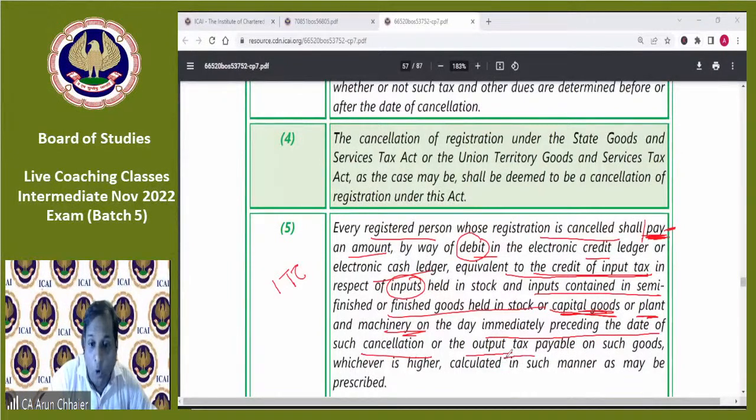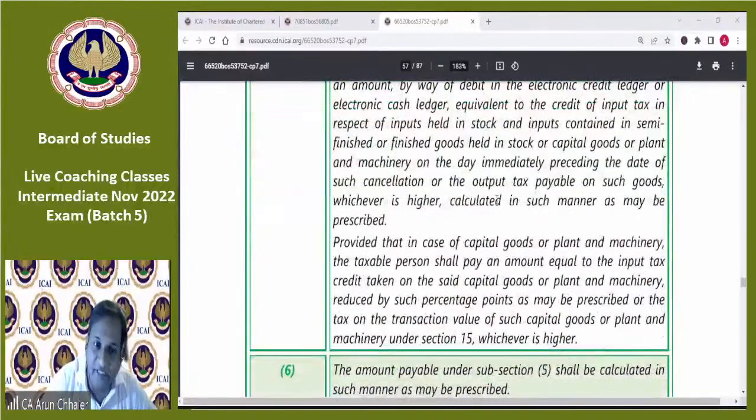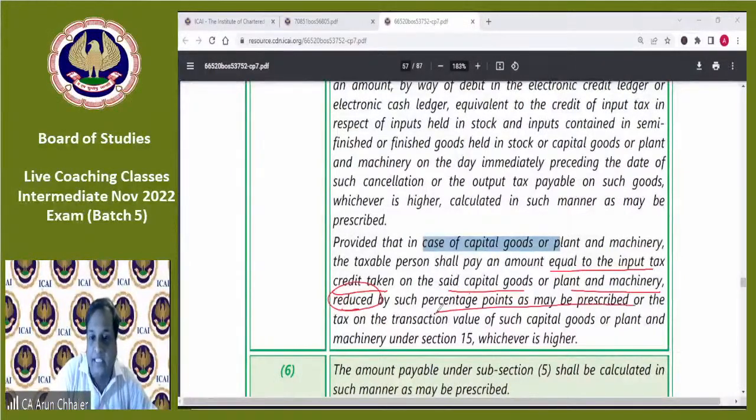Or output tax payable on such goods, whichever is higher, calculated in such manner as may be prescribed. So either actual output tax or ITC, whichever is higher. Provided that in case of capital goods or plant and machinery, the person shall pay an amount equal to the ITC taken on said capital goods or plant and machinery, reduced by such percentage points as may be prescribed.